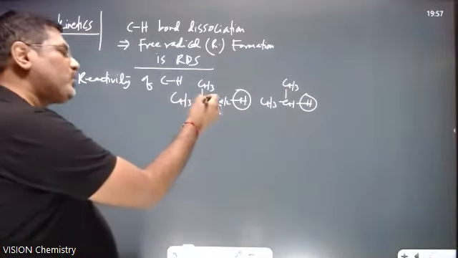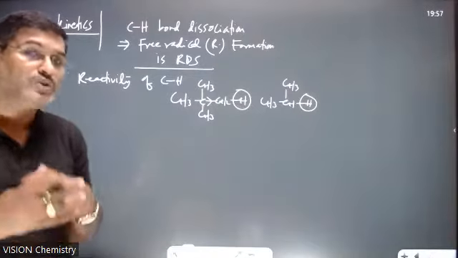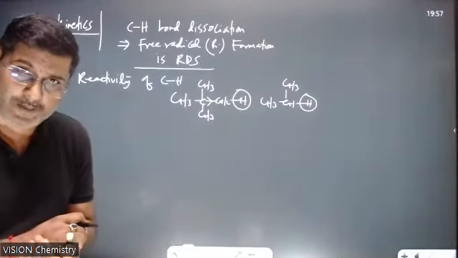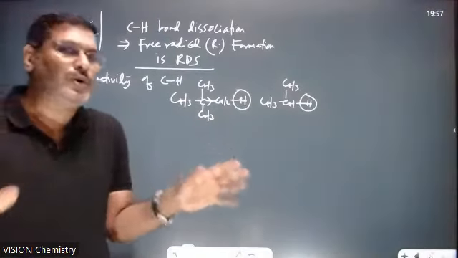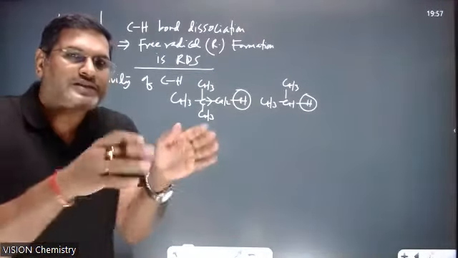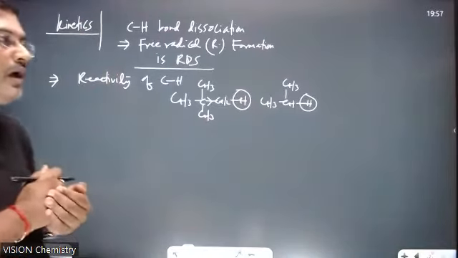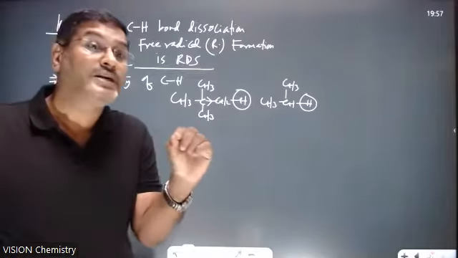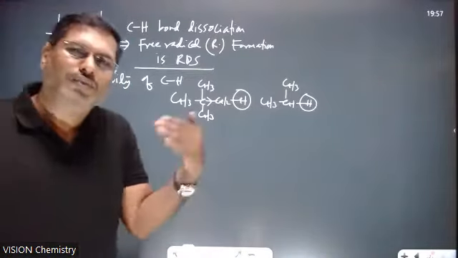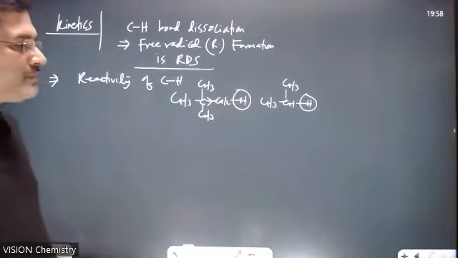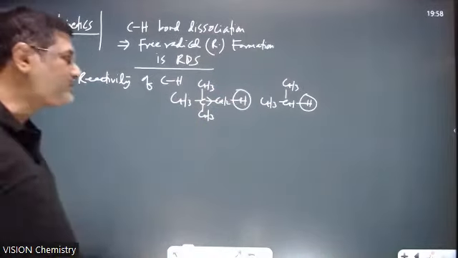There is the inductomeric effect. Here this C-H is more reactive because of the inductomeric effect. The inductomeric effect is a temporary effect, it arises in the reaction condition, along the C-C single bond. It is the extension of the inductive effect, and that's why this one is more reactive in terms of this.